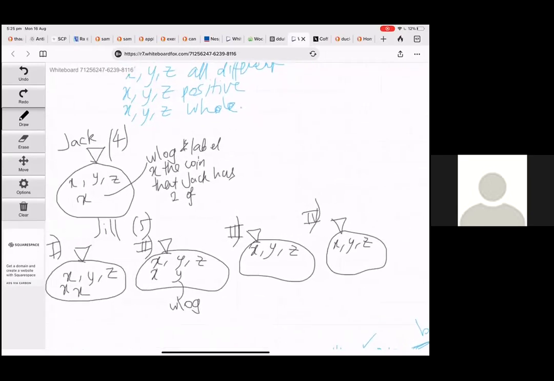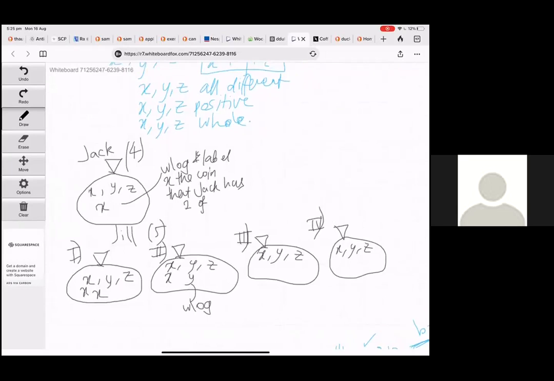Now the third case, I've definitely fully done the cases where there are 3 of X and there are 2 of X. There are no other cases that can happen where Jill has 3 of X. And there are no other cases that can happen where Jill has 2 of X. Because when Jill has 2 of X, that leaves 1 coin of a different type. And we already saw that it's the same case if Jill has the Y or the Z.